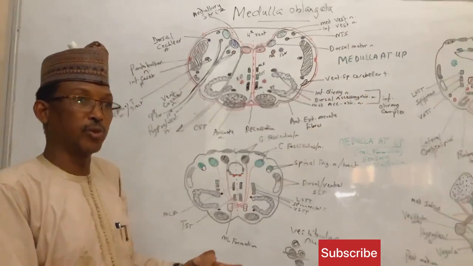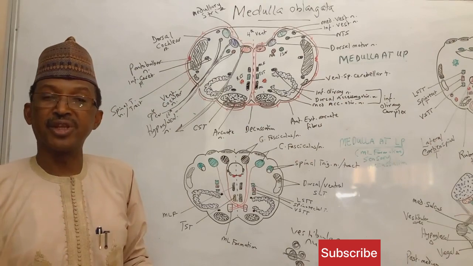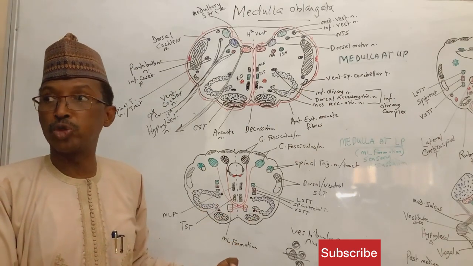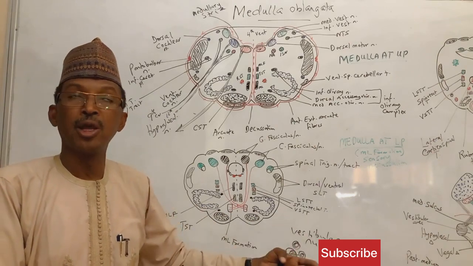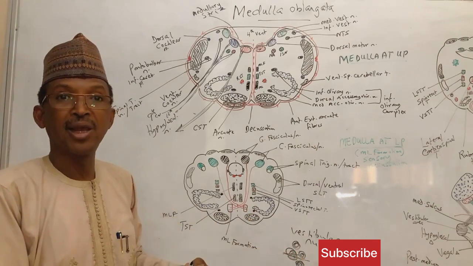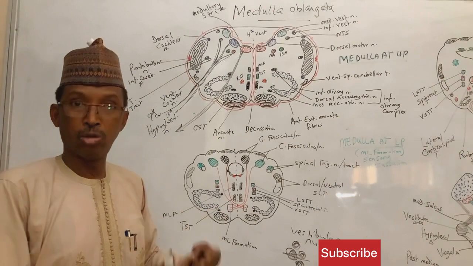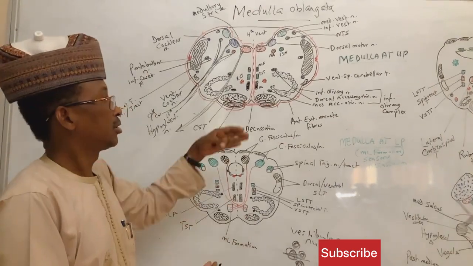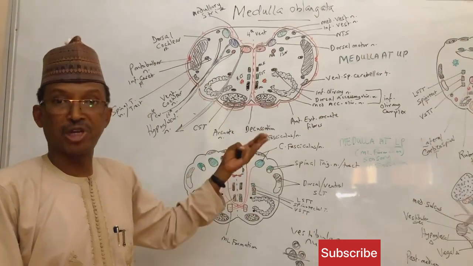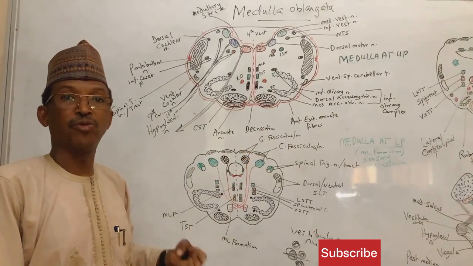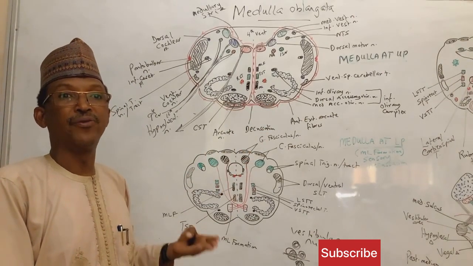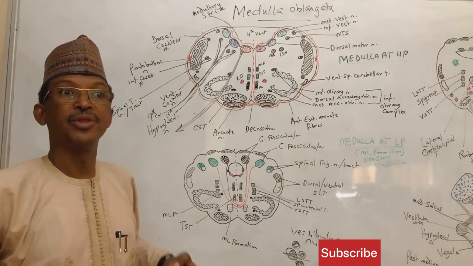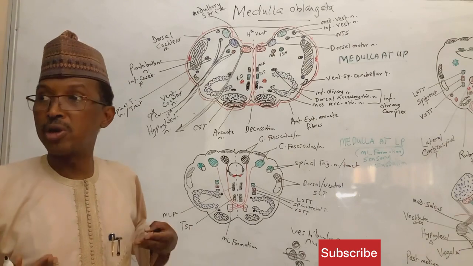When we do the cross-section of the spinal cord, you will see some fibers emanating from the spinal cord, the anterior or ventral, as well as dorsal or posterior spinocerebellar tracts. These are responsible for carrying information of unconscious proprioception from the lower limbs, trunk, and upper limbs.